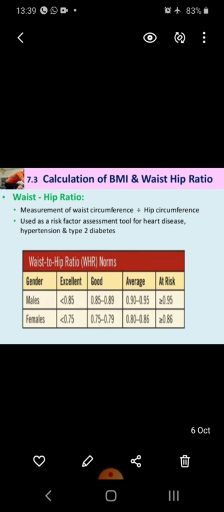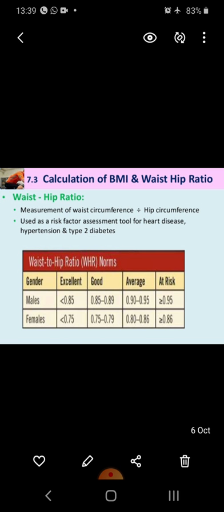Waist circumference divided by hip circumference is used as a risk factor assessment tool for heart diseases, hypertension and type 2 diabetes. For males, a ratio up to 0.84 is excellent, 0.85 to 0.89 is good, 0.90 to 0.95 is average, and more than 0.95 is at risk.